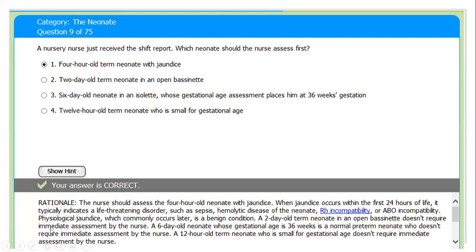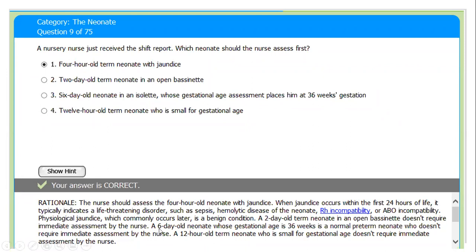Physiological jaundice, which commonly occurs later, is a benign condition. A 2-day-old neonate in an open bassinet does not require immediate assessment by the nurse.